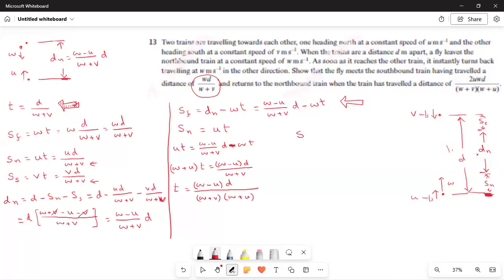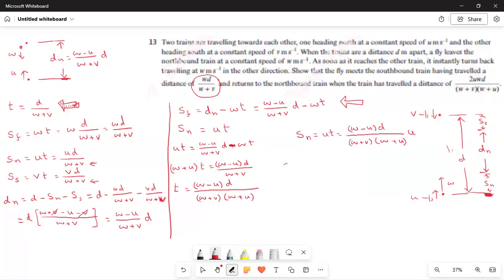Of course, it is U into T, and T is given by this expression. So it is going to be (W minus U) into D over (W plus V) and (W plus U), multiplied by U. This is the distance traveled by the northbound train after this point.